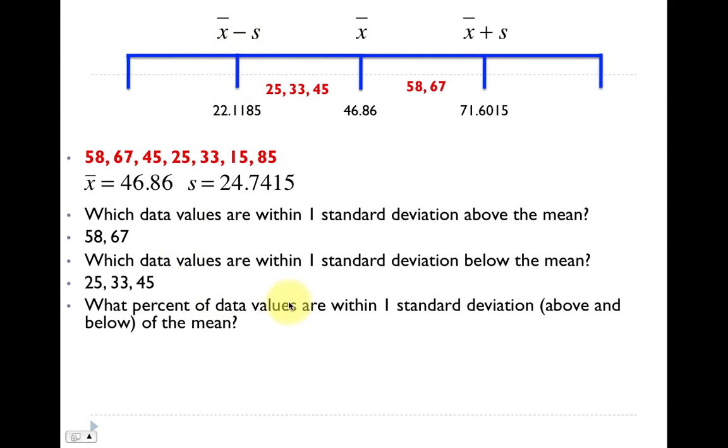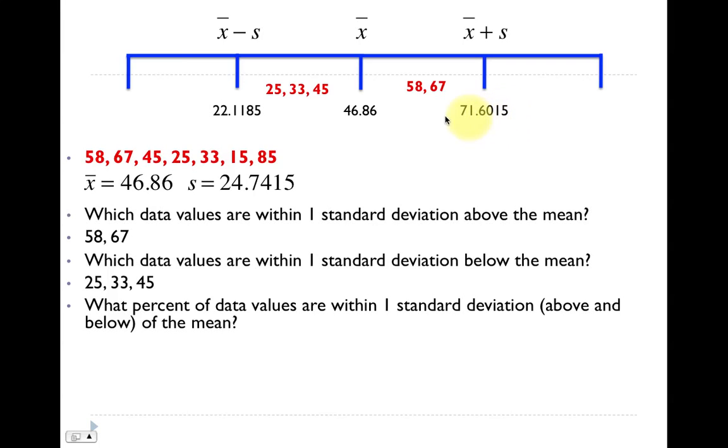What percent of data values are within one standard deviation above and below the mean? So within one standard deviation means plus or minus one standard deviation. So if we take x bar and we add a standard deviation and subtract a standard deviation, we have a range that goes from 22.1185 all the way to 71.6015.